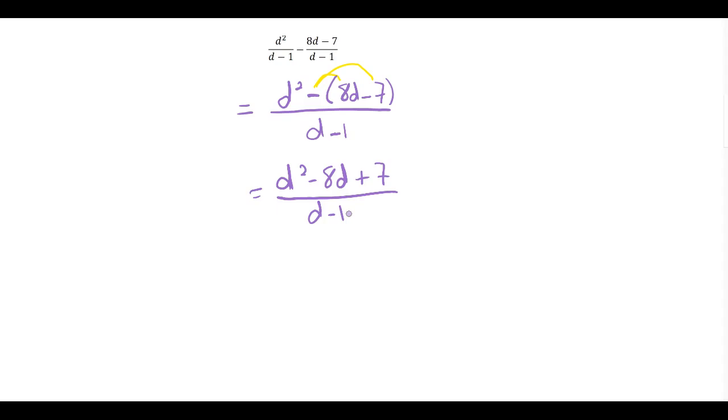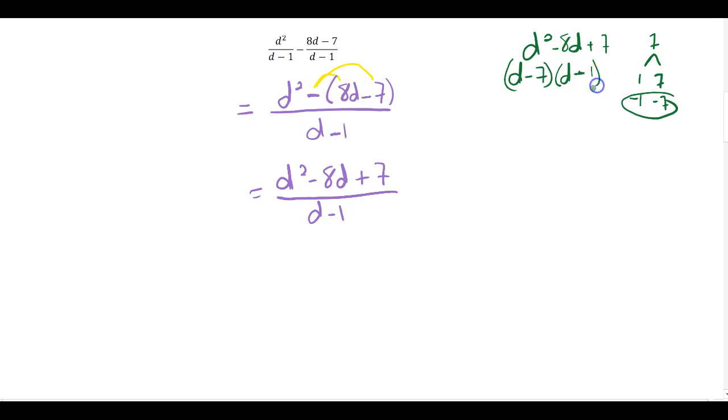Again, at this point, I want to simplify as much as possible. I cannot simplify d for d, anything like that at this point. What I have to do is factor the numerator. So if I come over to the side, d squared minus 8d plus 7, factors that multiply to give me positive 7 are either going to be positive 1 and positive 7, or negative 1 and negative 7. Those that add up to negative 8 will be negative 1 and negative 7. So I get d minus 7 times d minus 1.